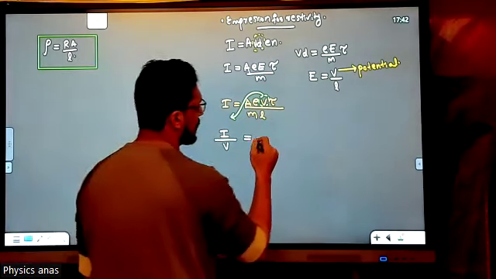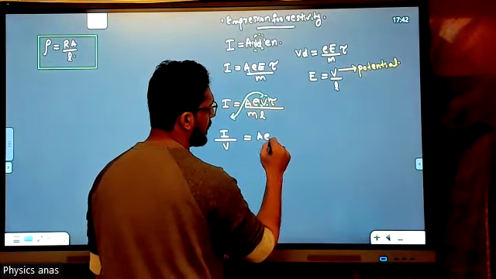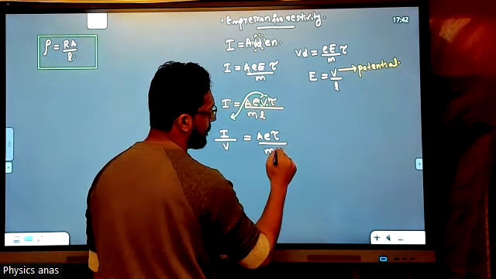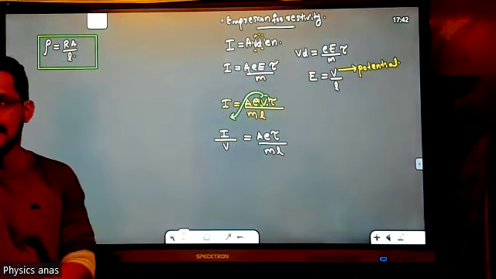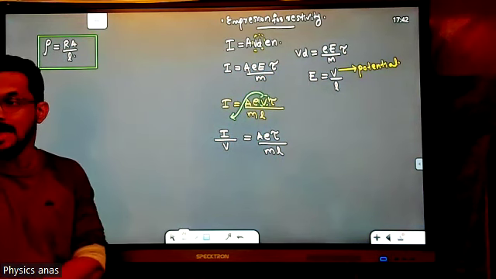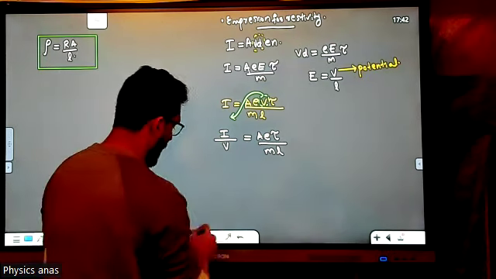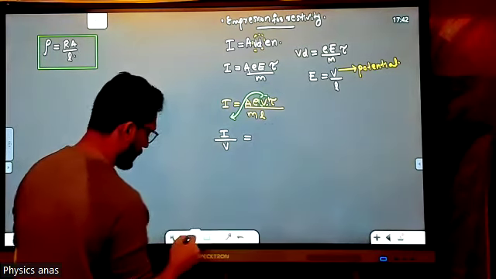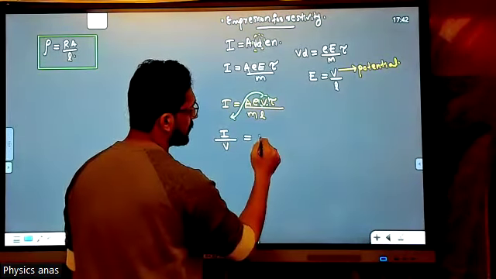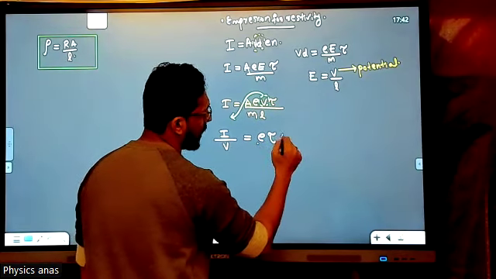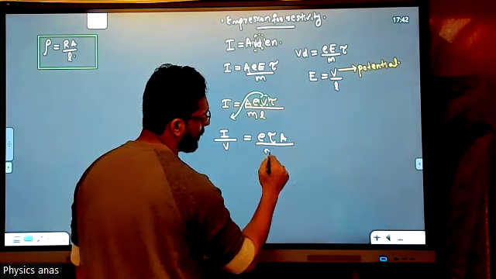Then what is left here? A, e, tau by m, L. Right? Or I will just use this tau A by m, L.